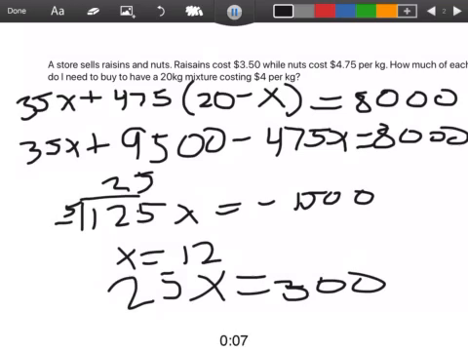So if we look back at our chart, raisins is x, which is 12, and nuts equals 20 minus x.